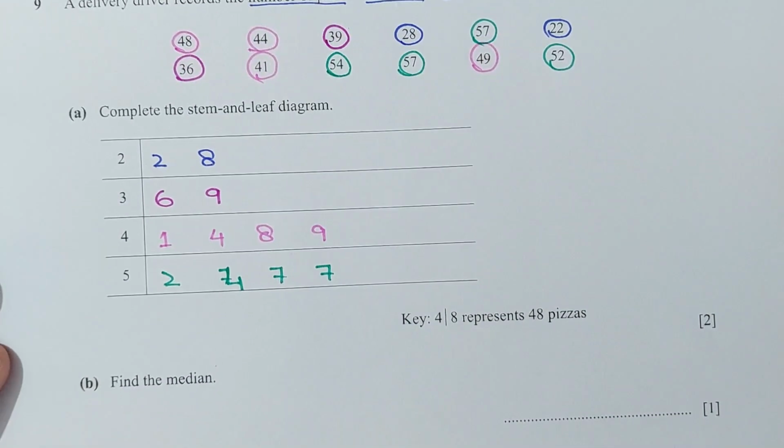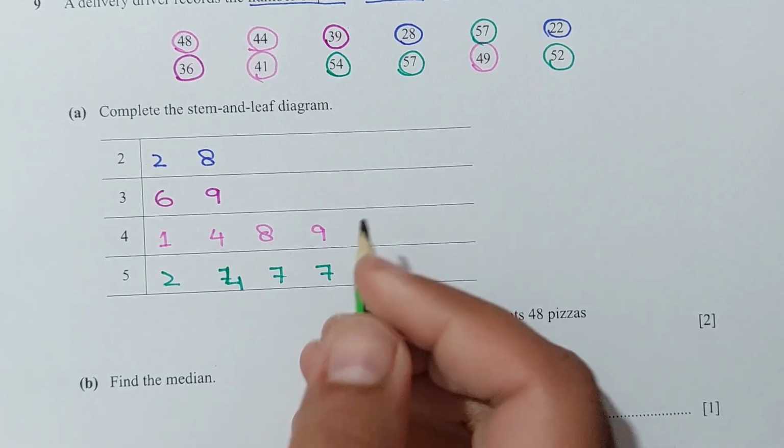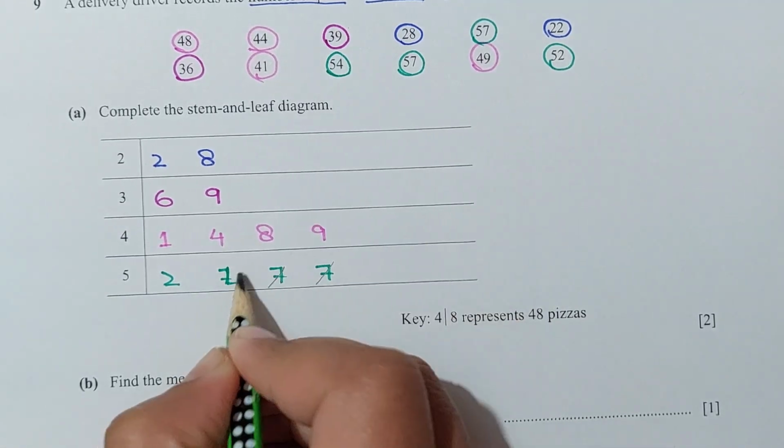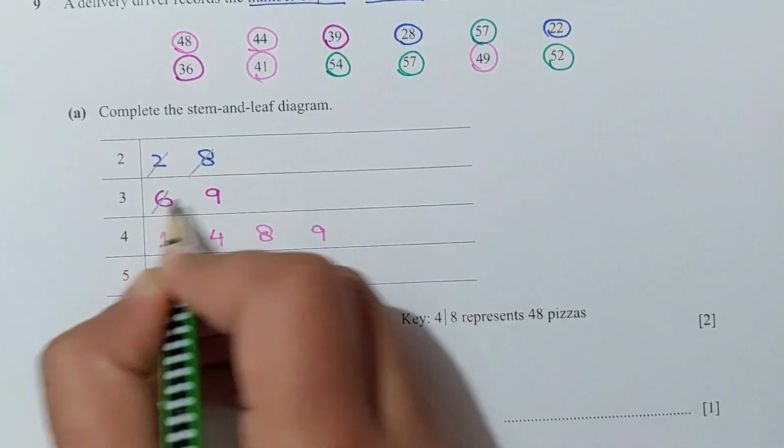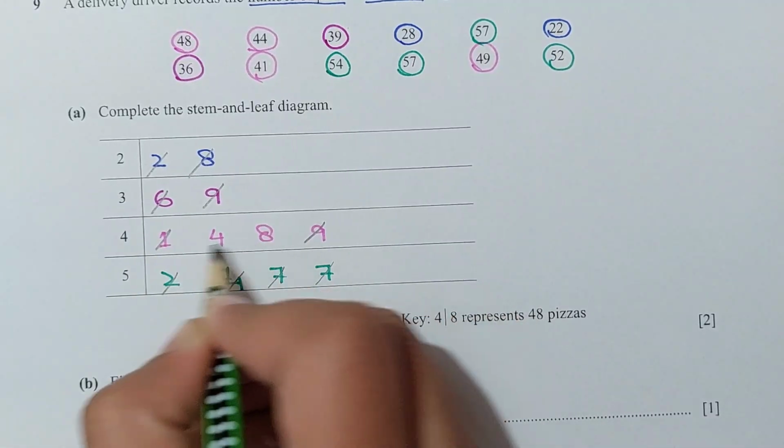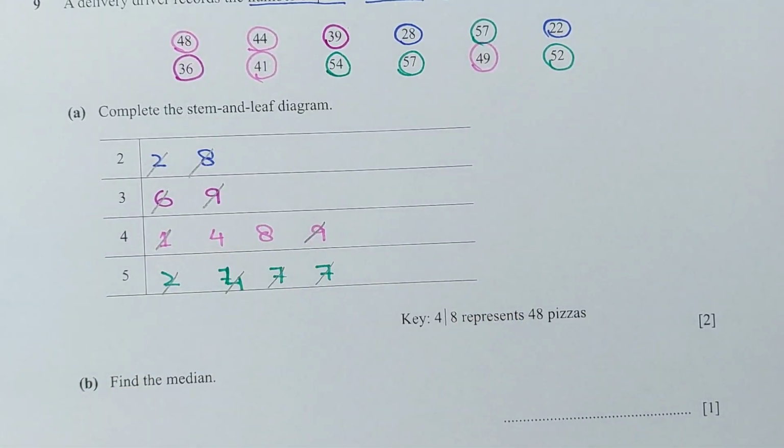Now find the median. Median is the middle value of the data. Let's figure out what is the middle value of this data. These two are the middle values.